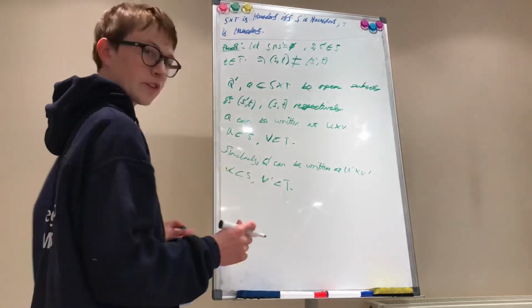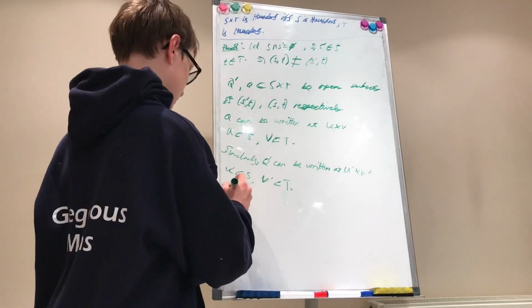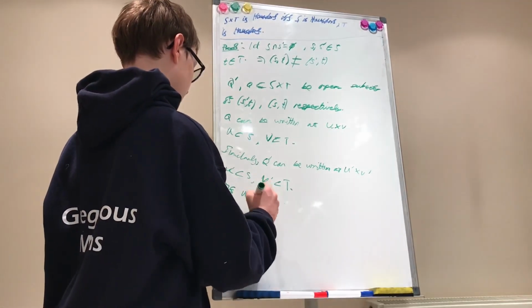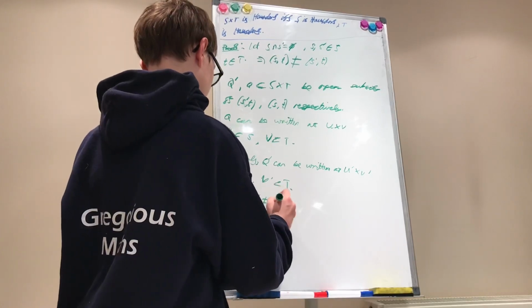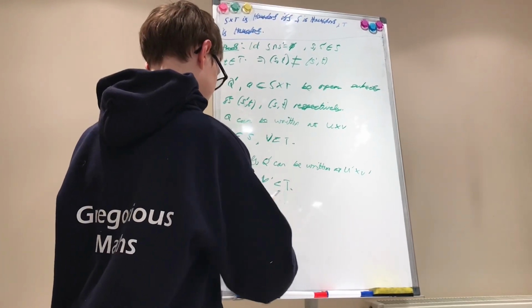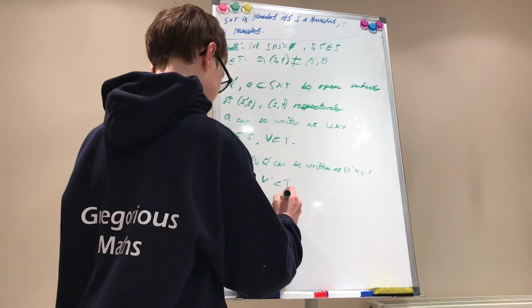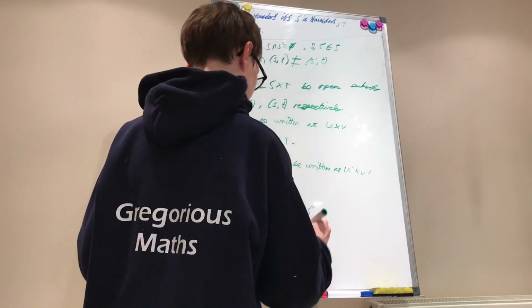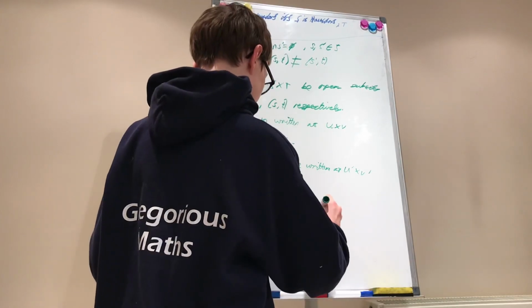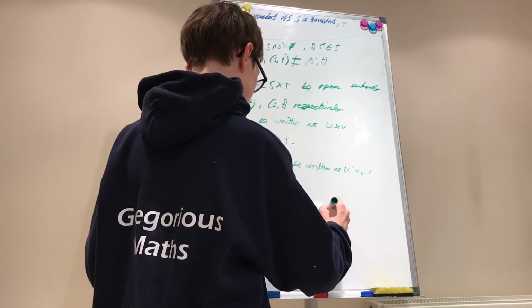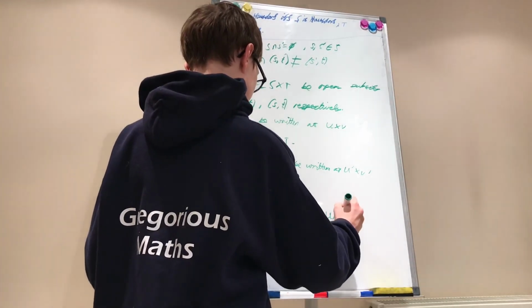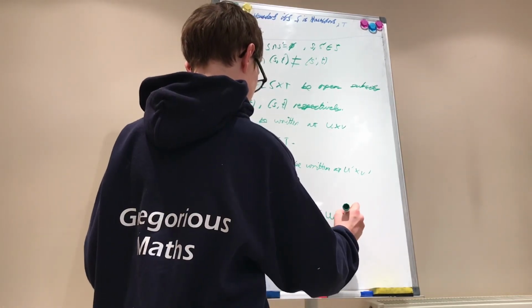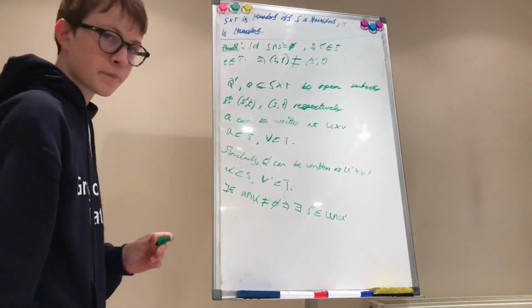So, let's do it by contradiction. If U intersect U prime does not equal the empty set, that implies that there exists some S double prime in the intersection U intersect U prime, okay?